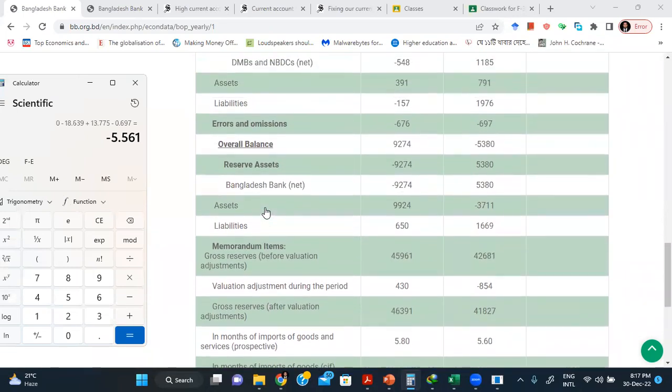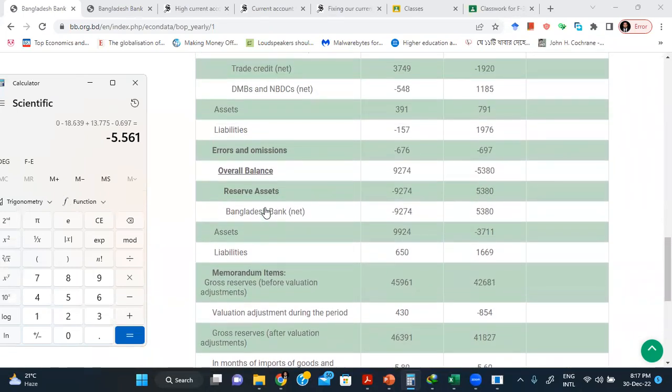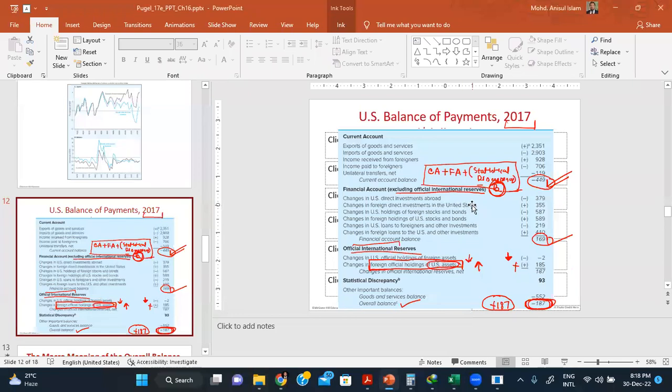Now, what did you expect to see? You should see the official reserve assets increase by this amount. What should you see if you understand the equation?